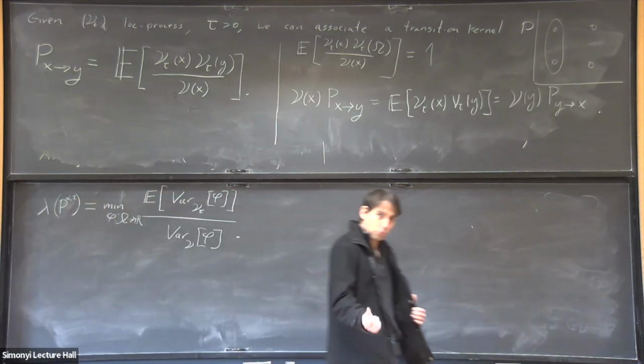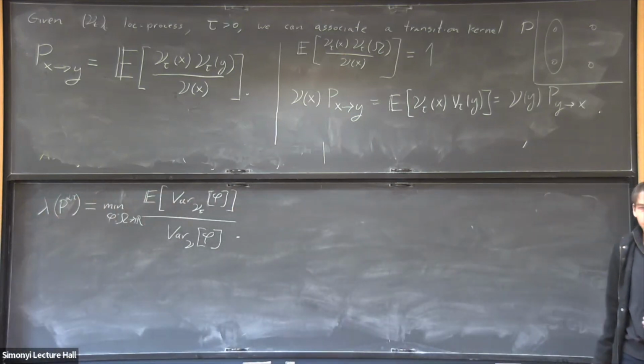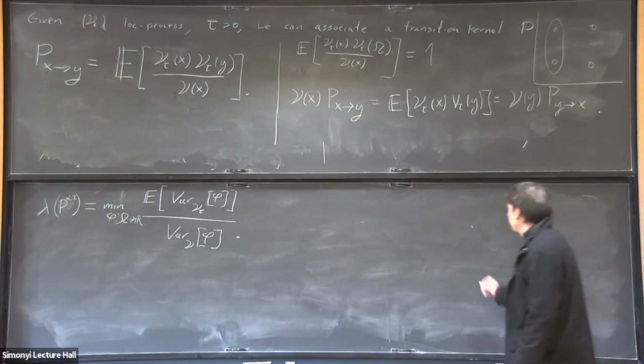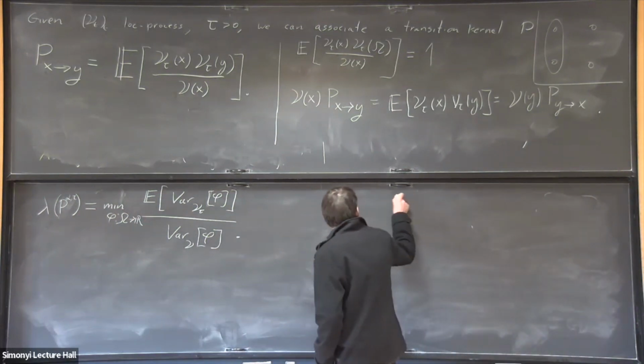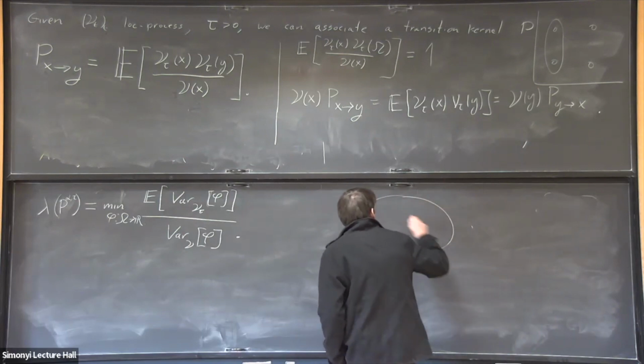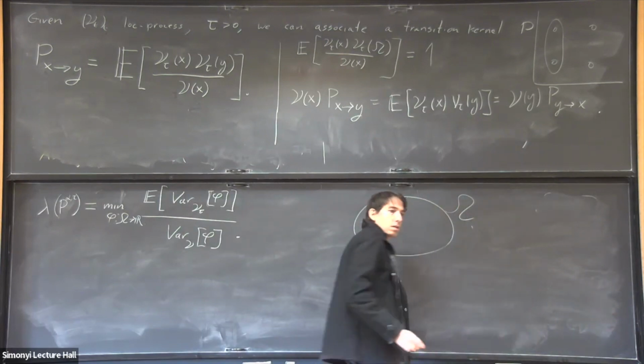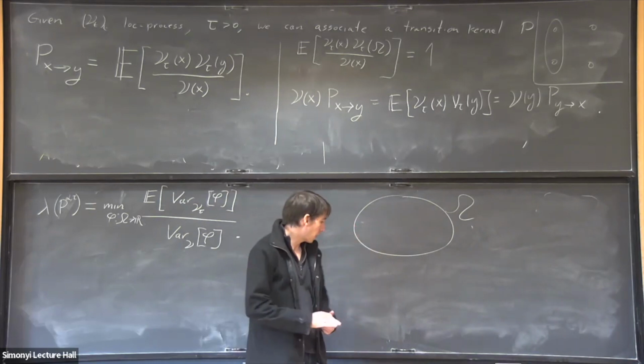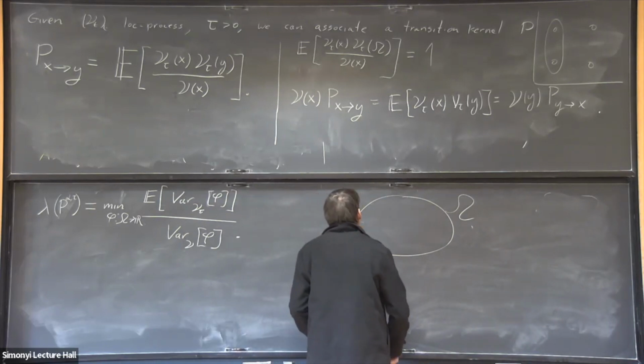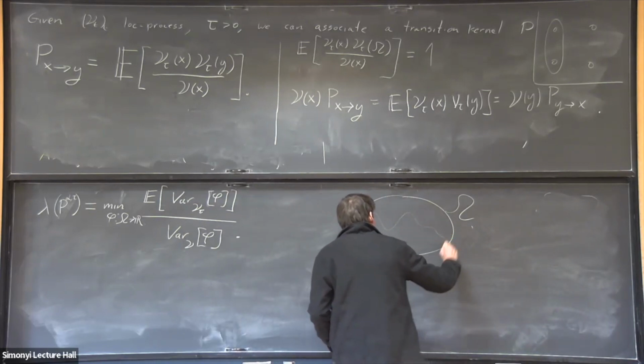It's a function. It has 2 to the n entries. It's a function on the hypercube. I see, it's a vector of the dimension of the probability matrix. Its coordinates are the different states, yeah, exactly. This is our state space omega, and there is some function phi defined on our state space.